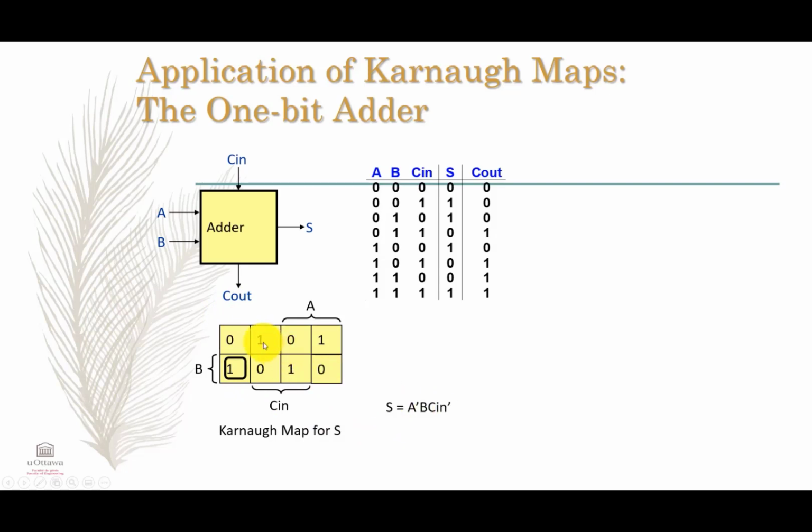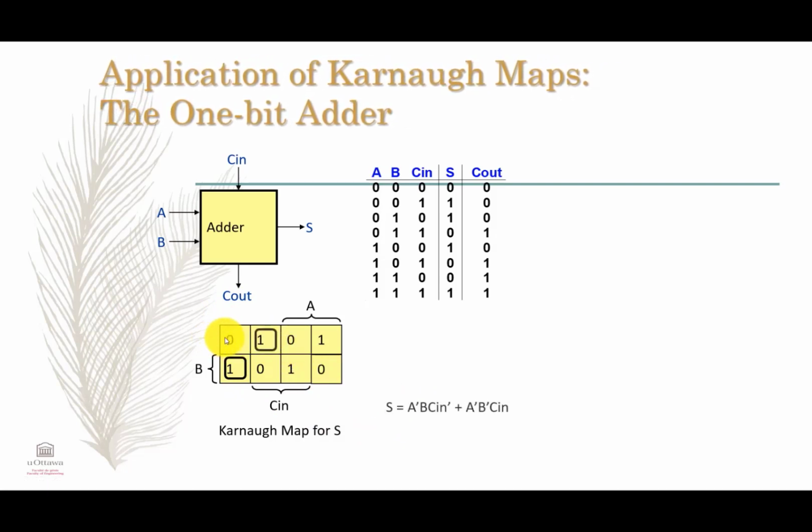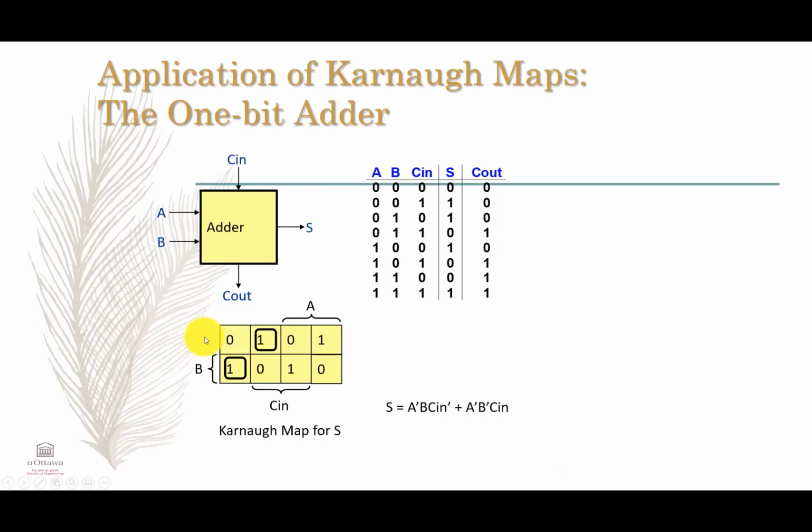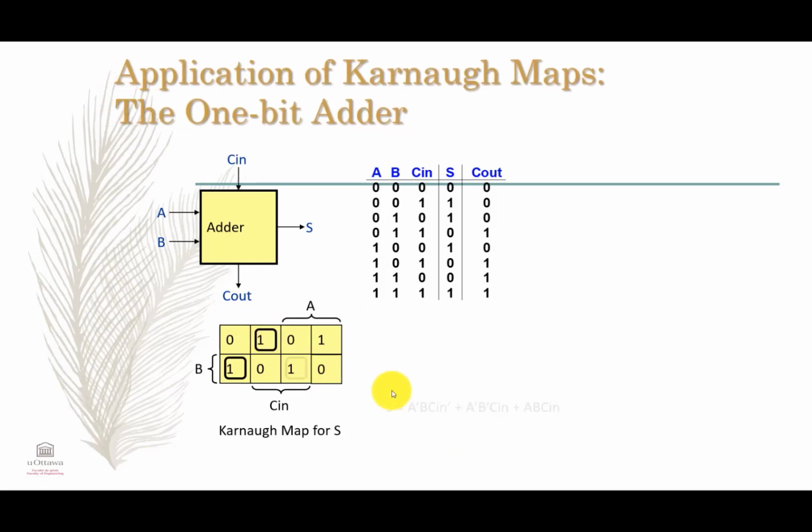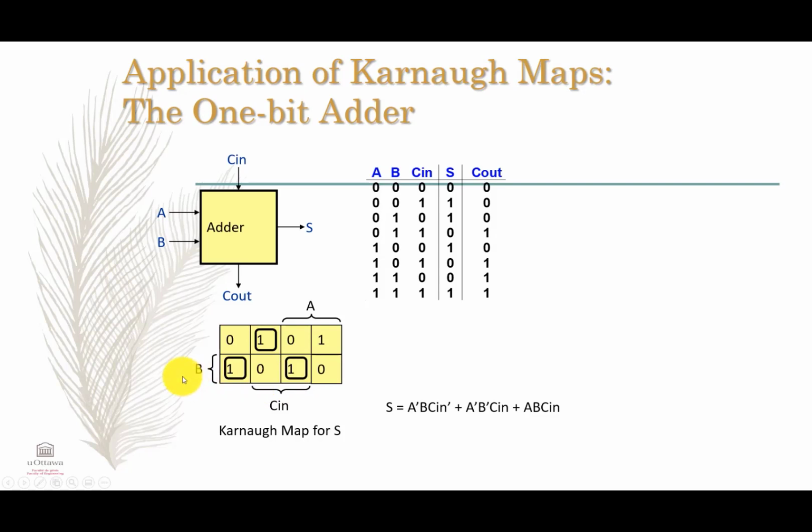For this one, B will be B prime because this is 0 and this is 1. And here it's 0, 0, and 0, 1. So it's A prime, B prime, and Cn. For this one, B is in the true format, and remember that's 1, 1, so it's going to be A Cn.